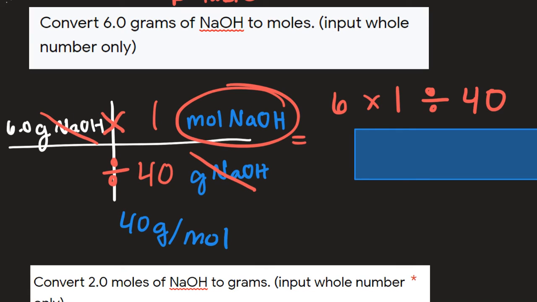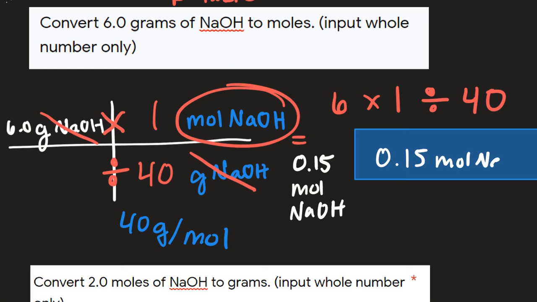Whenever I do that, I get 0.15, and my units will be moles of NaOH, because that's what's left. So we have 0.15 moles of NaOH. In the Google form again, you only have to type the number. I know it says whole numbers, but just go ahead and type whatever number you have.